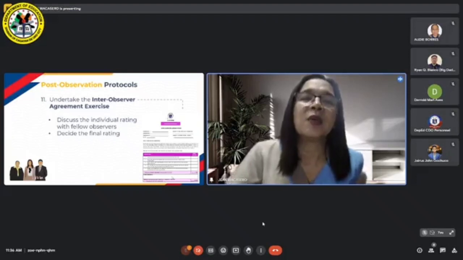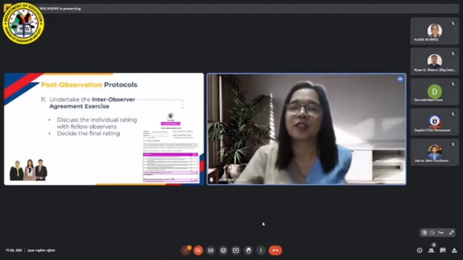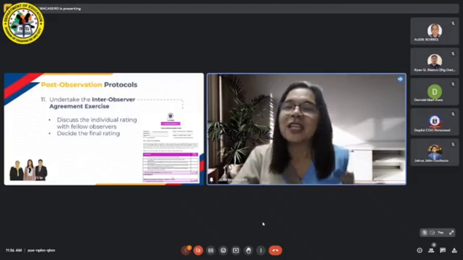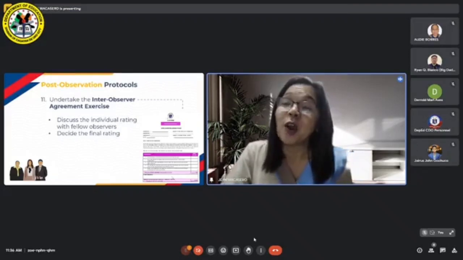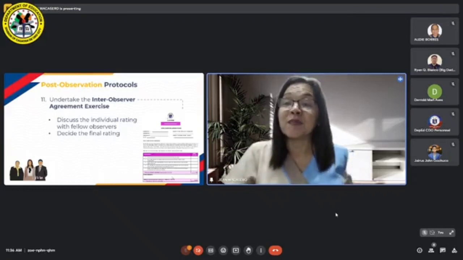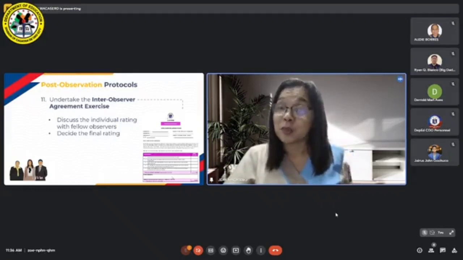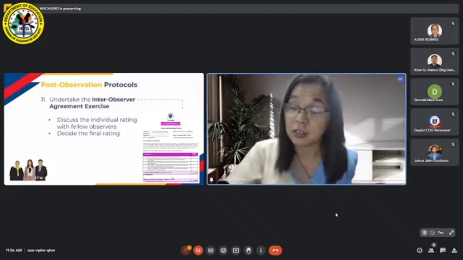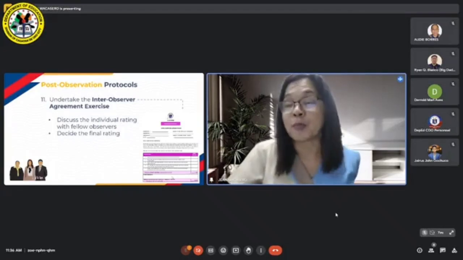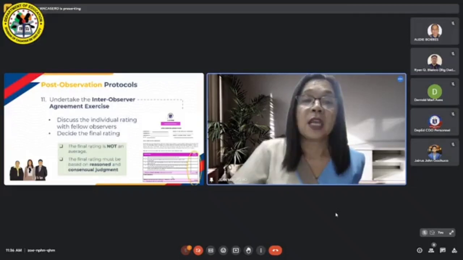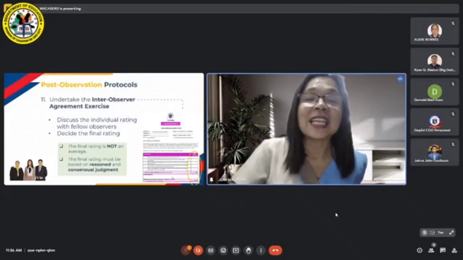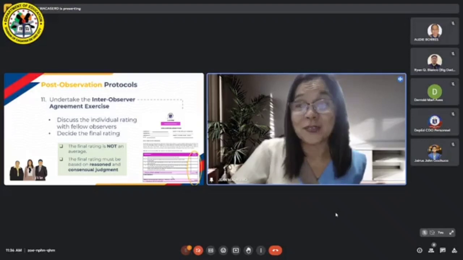Discuss the individual rating with fellow observers. Decide the final rating. So, kani siya, katong enter observer agreement form, ni among gamiton, kato bitang 30 points ninyo, no? Mani siya nga forma. Kato akong na-mention, second form. Okay. The final rating is not an average.